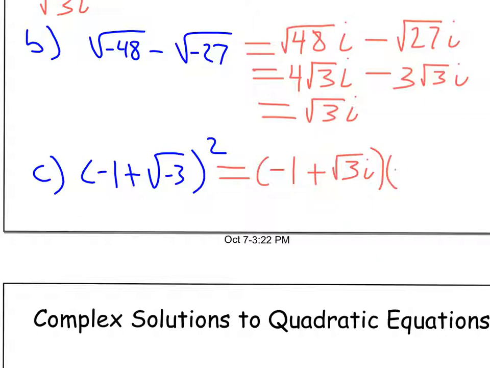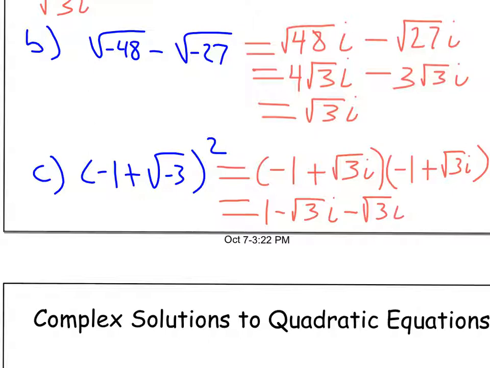And then, of course, have the same thing, negative 1 and from there, it's kind of like a FOIL. I would get 1 minus square root 3i minus another square root 3i.